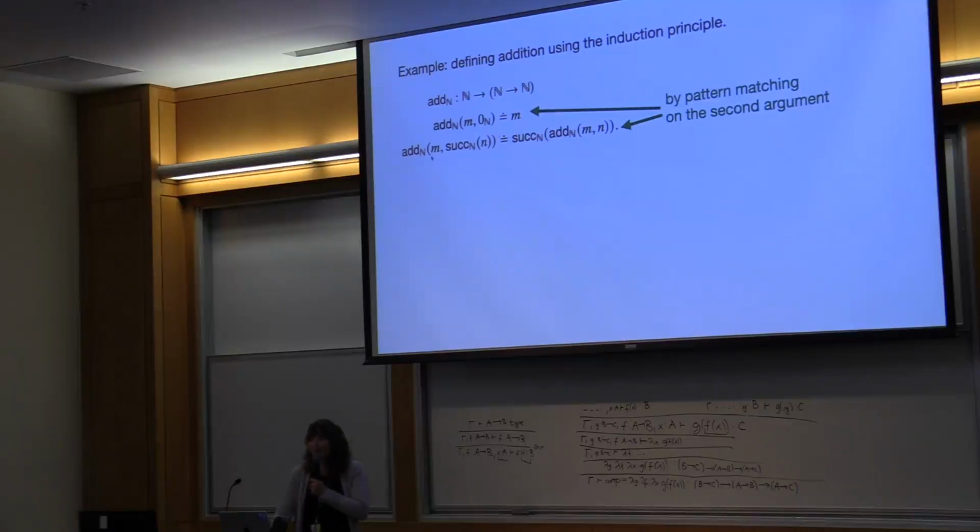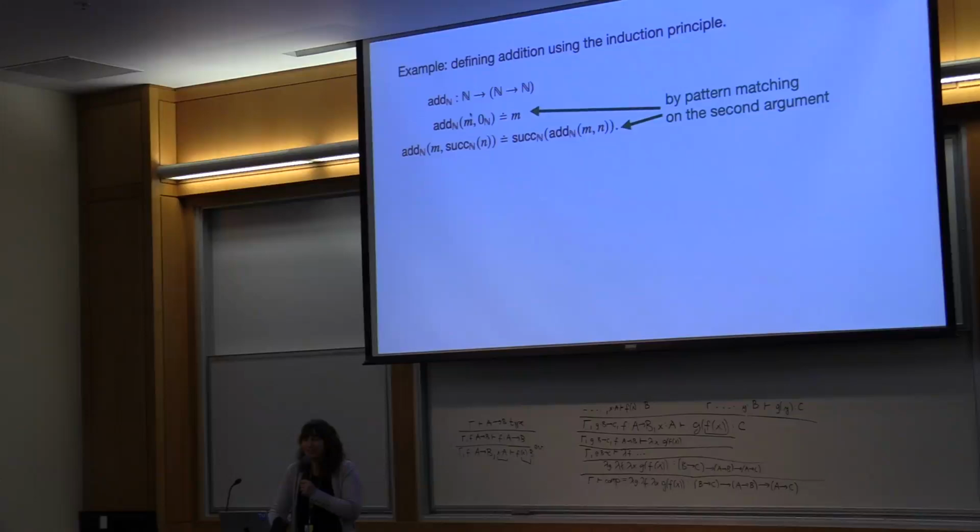And if I am adding a successor, then this is just the successor of the addition of the previous two. I decided to do this by pattern matching on the second argument. You could also say it's induction on the second argument. I could easily choose the first one. It doesn't matter, but for the sake of choosing one, I chose the second. So this is what we morally want to do.